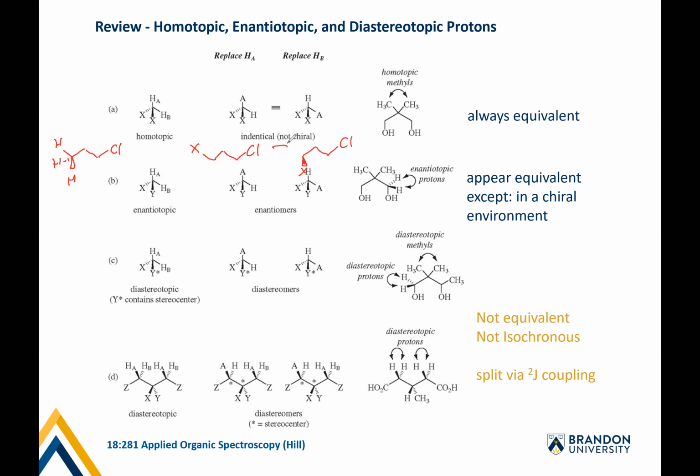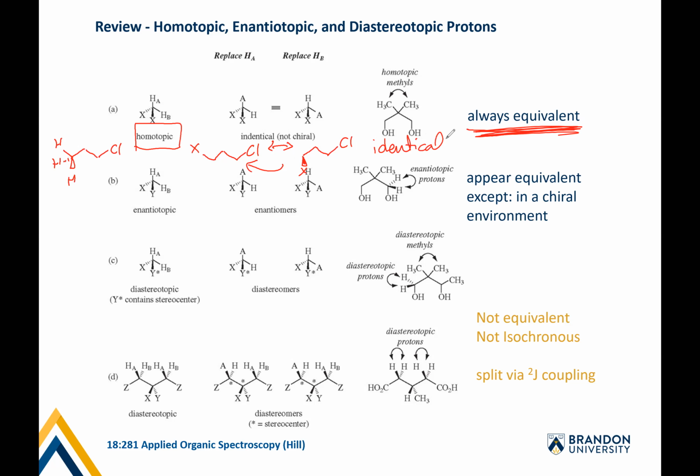And you compare these two structures to one another. I shouldn't have drawn the resonance arrow, but anyway. You compare the two. If the two molecules are basically identical, which they are in this case, because all you need to do is rotate this bond and then this becomes that, then we call those protons homeotopic, and they are always equivalent in NMR.